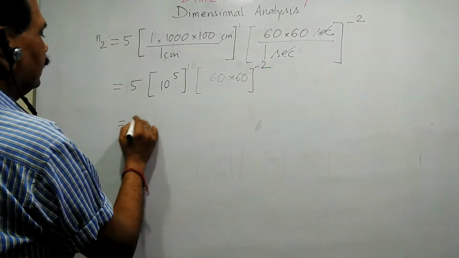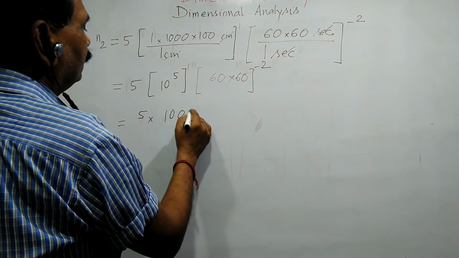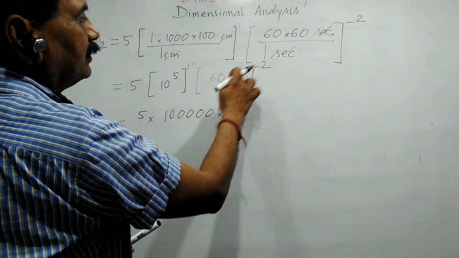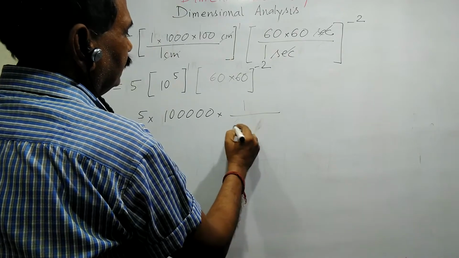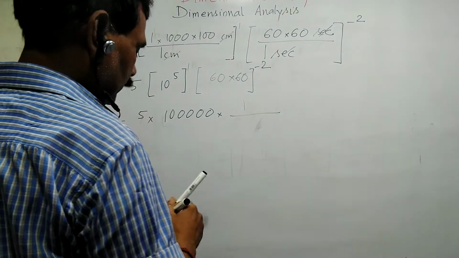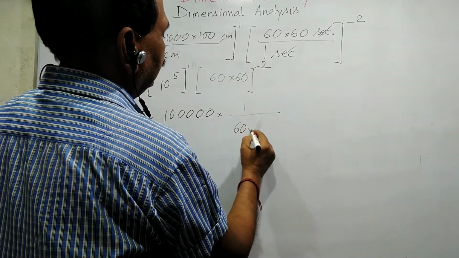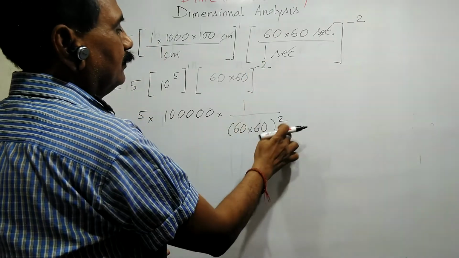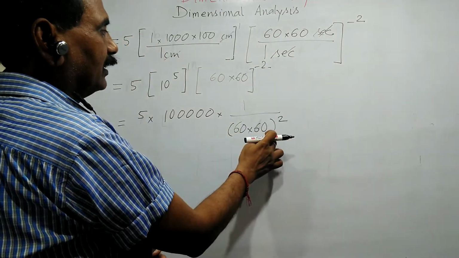Then this will be written as 5 into 10 to the power 5, and this with a negative power 2 will be 1 by 60 into 60 with power 2. The minus is converted to plus, it comes in the denominator.